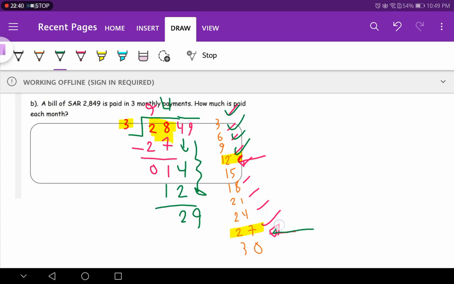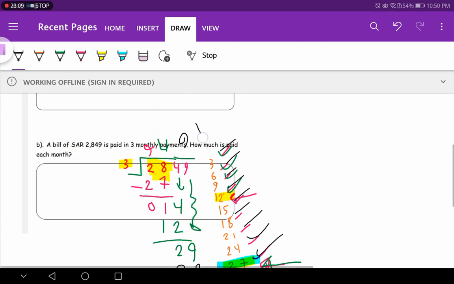And the 29 again is between 27 and 30, but we take the lesser again, which is 27. Now 1, 2, 3, 4, 5, 6, 7, 8 and 9 up and 27 down. 29 minus 27 equals 2. The remainder is 2.